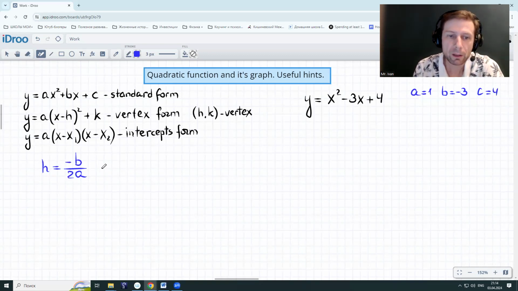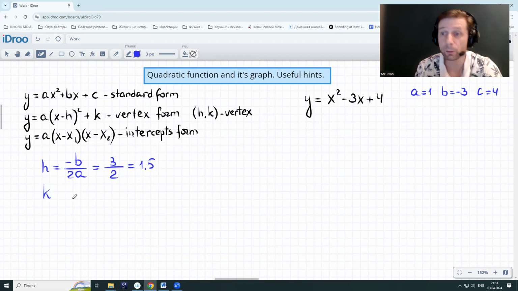Let's substitute those numbers: negative 3, so it's positive 3, over 2a, 2 times 1 is 2. So it's 1.5, positive, okay?